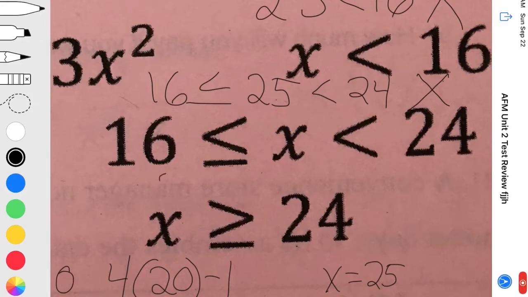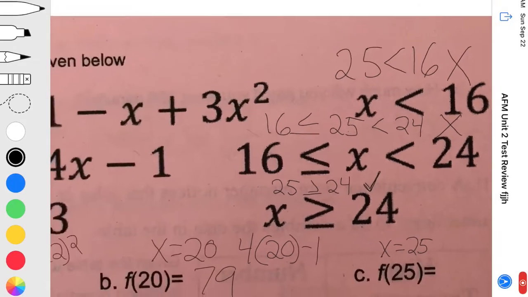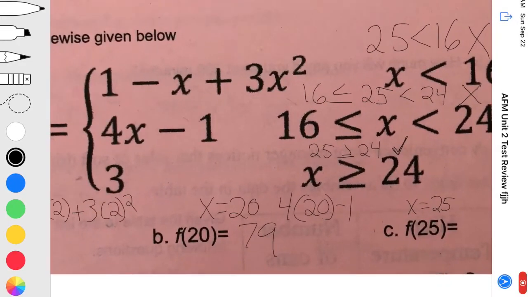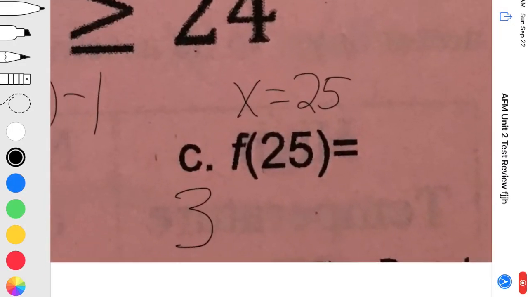Step 3, 25 greater than or equal to 24. Well, 25 is greater than 24, so yes, this is true. So we're using step 3. Step 3 only has 3 as the equation. There is no x to plug 25 into, so the answer is simply 3.